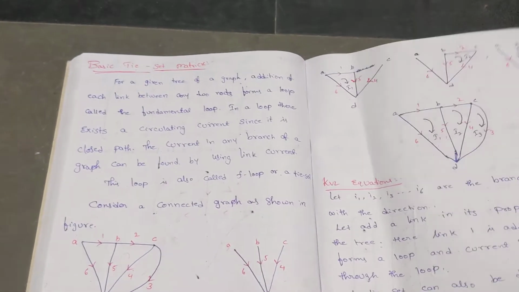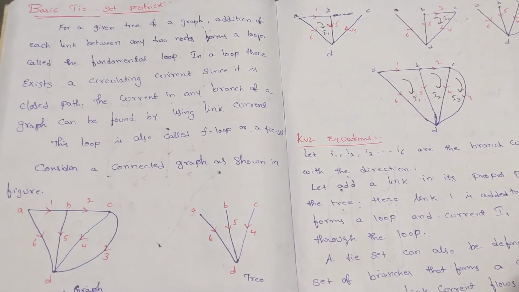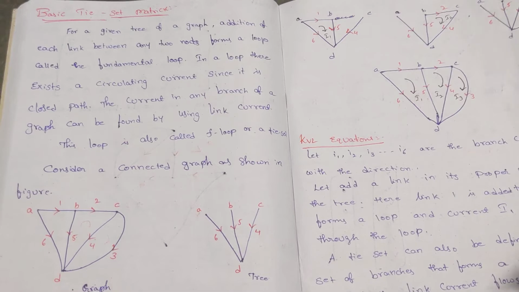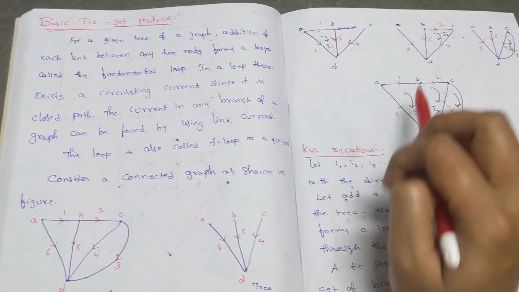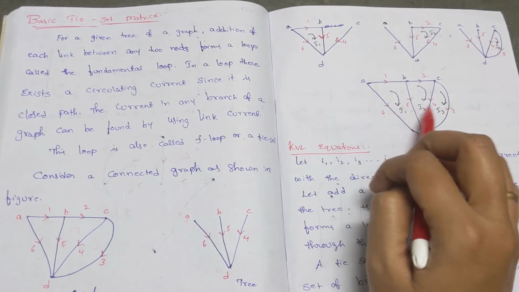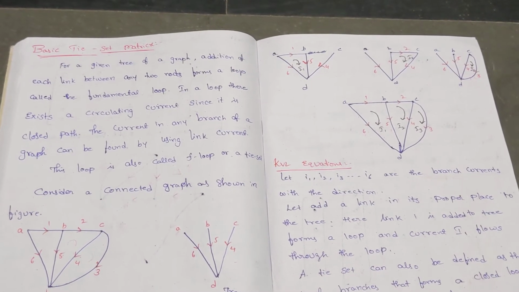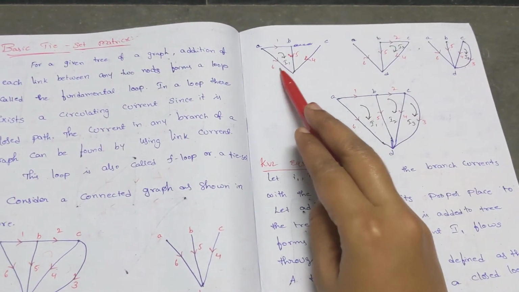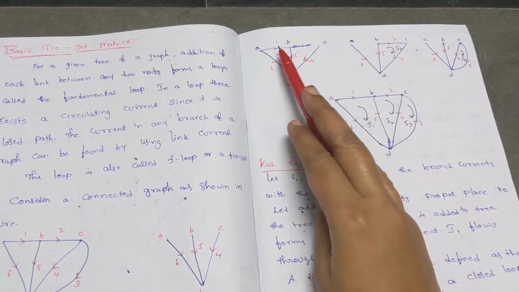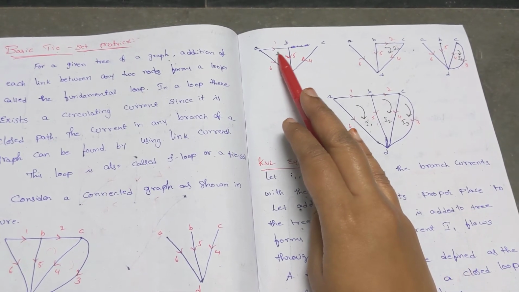One point I want to mention: for better understanding or simpler calculations, try to assume your loop currents, because these loop currents, capital I1, capital I2, capital I3, are assumed by our own. So for easy calculations, try to assume the loop current directions in such a way that they are aligned with your link currents.